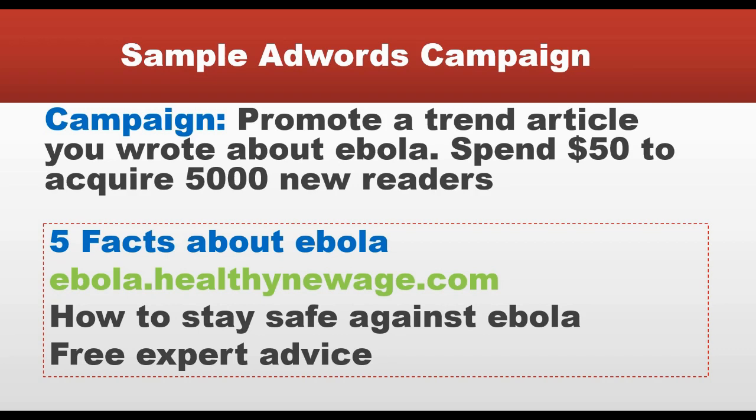So we're spending $50 to acquire 5,000 readers, but 6% of them will click on our ads, and that will give us about 30 cents that we'll get back. So we can also expect now in this instance to find at least 800 new readers who will become loyal followers.